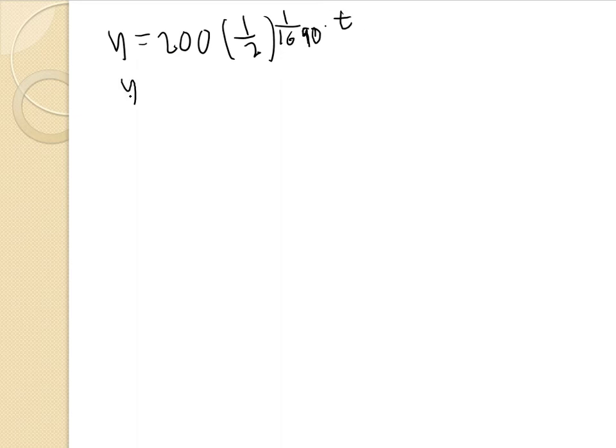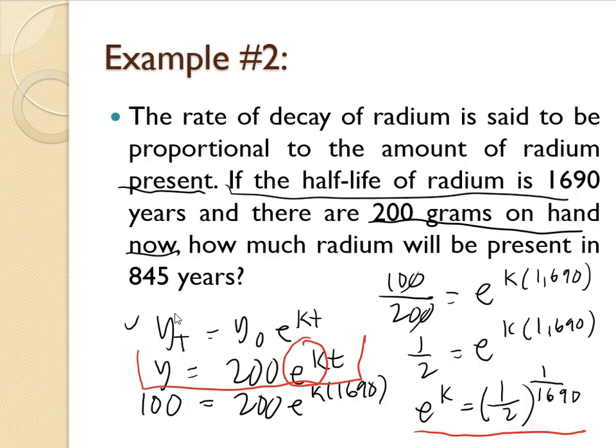Or this can be written as 200 times 1 half raised to t divided by 1690.